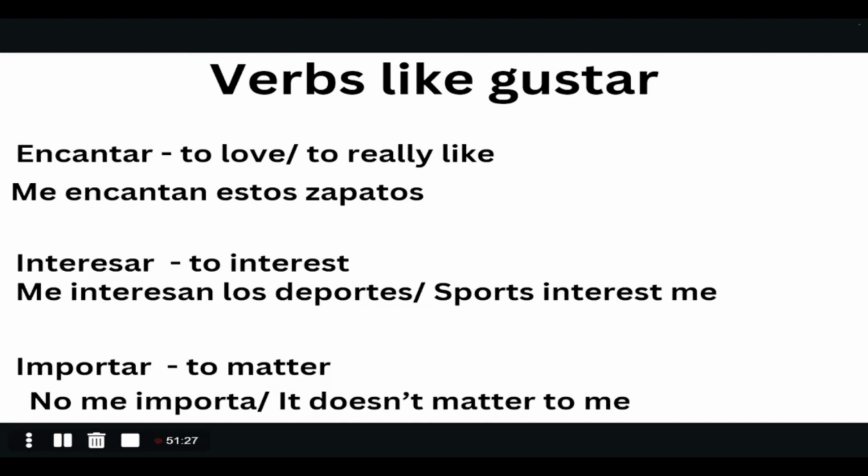For example, te encantan estos zapatos. You really love those shoes. So what we're really saying is that those shoes are really, really pleasing to you, right? Something like that. So hopefully in this video, we've gone through everything that you will be able to understand and master the verb gustar and the other verbs that are similar in the grammatical sense of how we conjugate and how we use gustar in sentences.